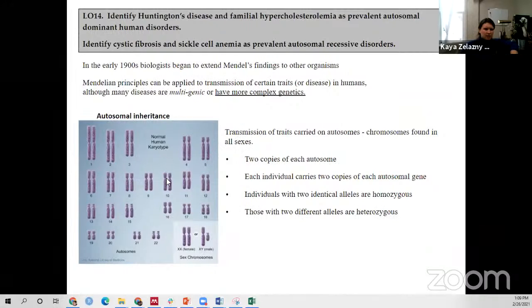So when we do Punnett squares, our normal Punnett squares, we're talking about autosomal chromosomes. So autosomal chromosomes, you have two copies on the homologous pair. Each individual carries two copies of the gene. Individuals with two identical alleles are homozygous. Individuals with two different alleles are heterozygous.